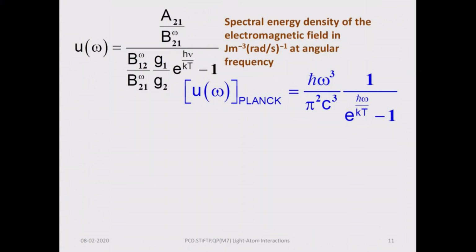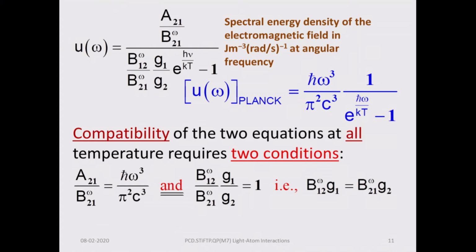And now, if you look at the right hand sides of these two and ask yourself, under what condition would the right hand sides be the same, then you immediately recognize that two conditions must be satisfied, that the ratio A21 to B21 would have this omega cube other than the remaining constants, and second, the B12 and the B21, which are the proportionalities involved in the stimulated absorption and the stimulated emission, they must be equal except for the degeneracy factor G, right.